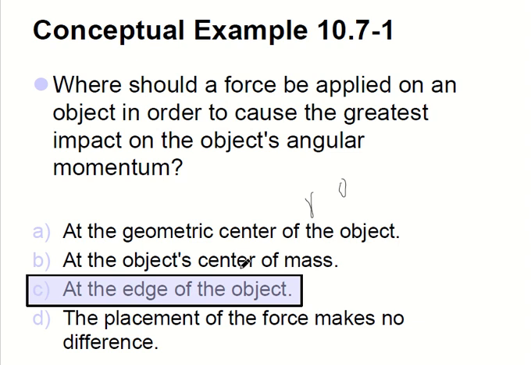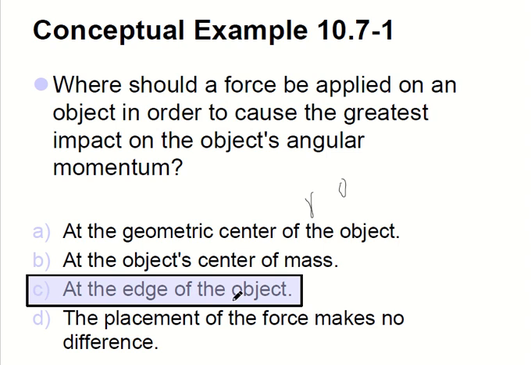Will you get the greatest impact on the object's momentum here? No, you cannot, because your angular momentum change about the center of mass is 0. Applying the force at the center of mass causes a translation, not a rotation.